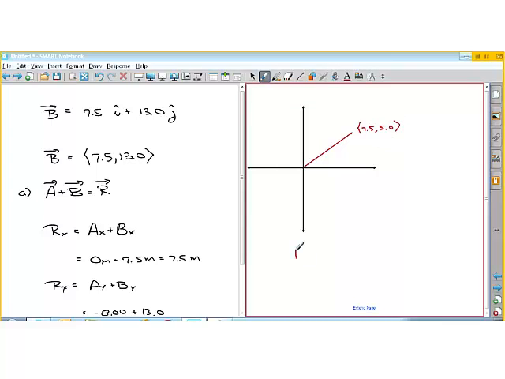If we want to find the magnitude of the resultant vector, we just take the square root of the squares of the components. So R sub x was 7.5, and R sub y was 5.0.